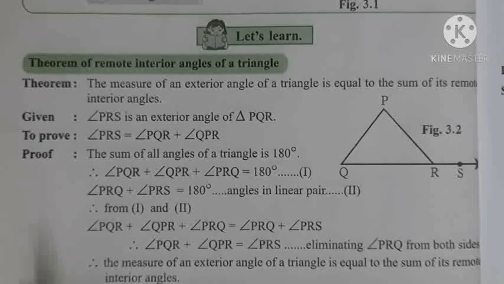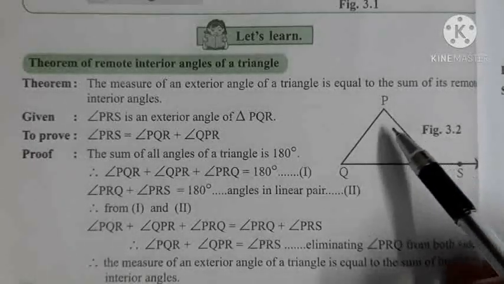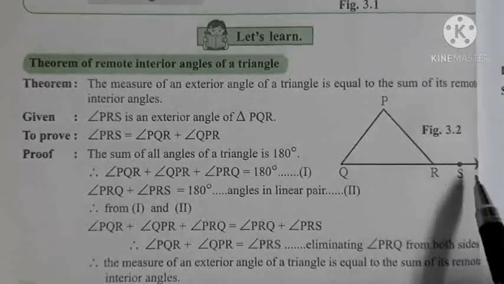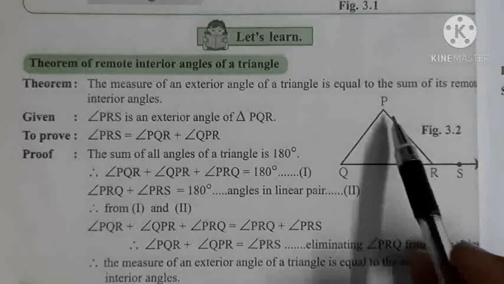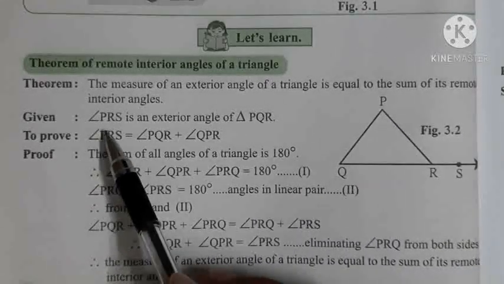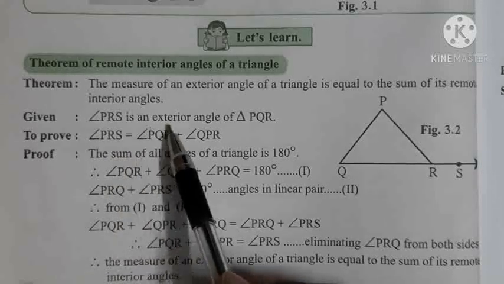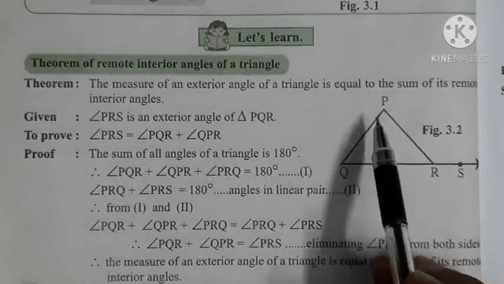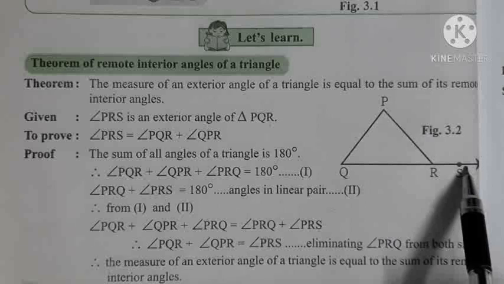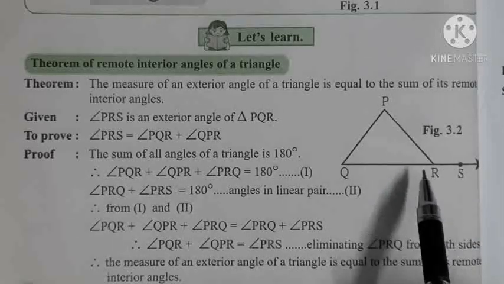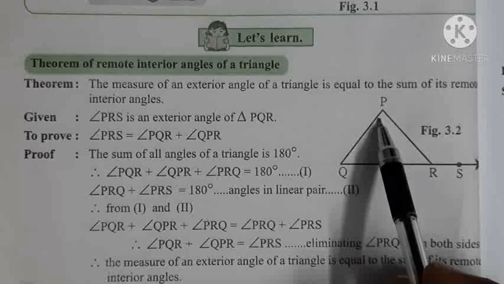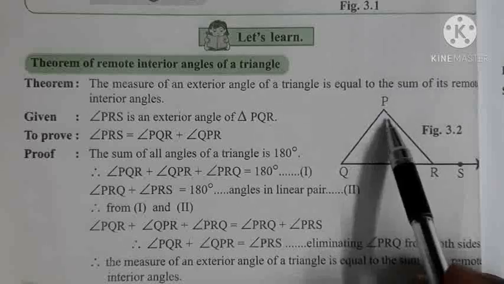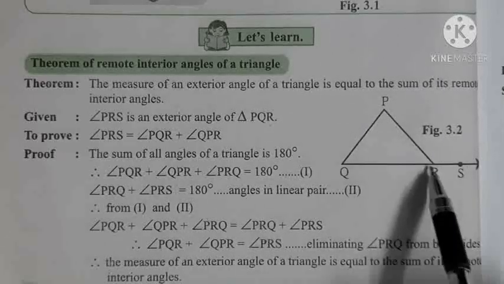Given that triangle PQR is any triangle and angle PRS is the exterior angle of triangle PQR. Therefore, given is angle PRS is an exterior angle of triangle PQR. To prove that the measure of the exterior angle, that is PRS, is equal to the sum of its remote interior angles, that is these two angles, angle P and angle Q. These two are the remote interior angles of the exterior angle PRS.